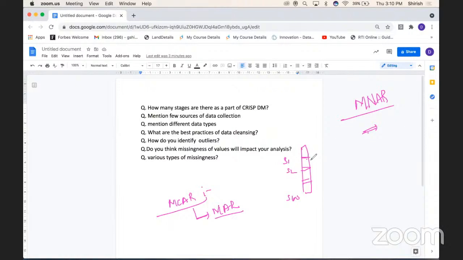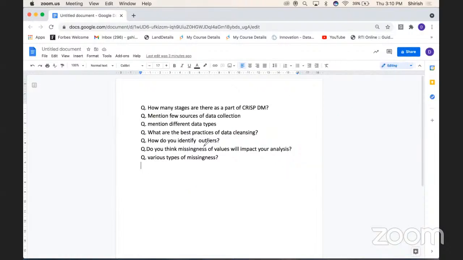Now, what are the techniques you have to follow to fill this data? Somehow data is missing, whether it is wantedly not given, by mistake not entered, or it randomly missed out, whatever the reason, you have to fill those missing values. So what do we call that technique? We call it imputation.